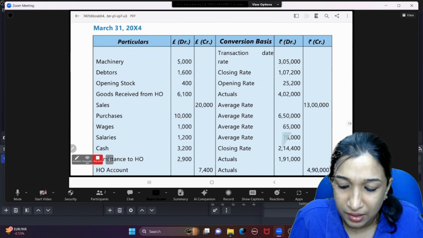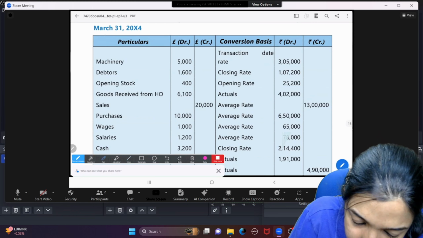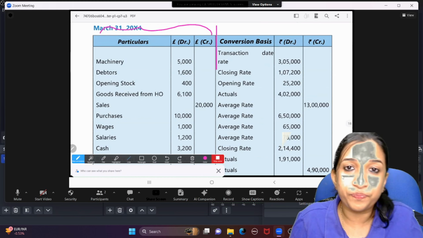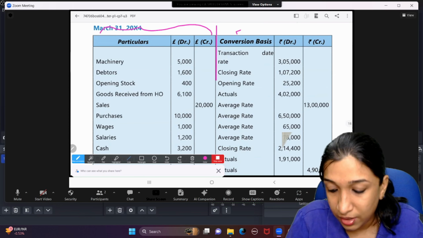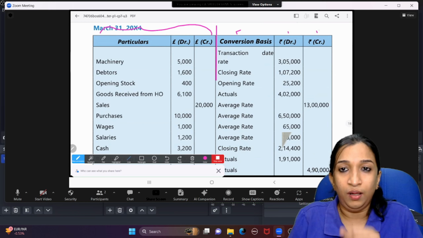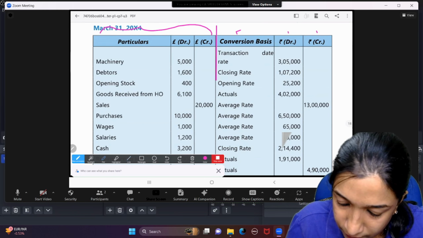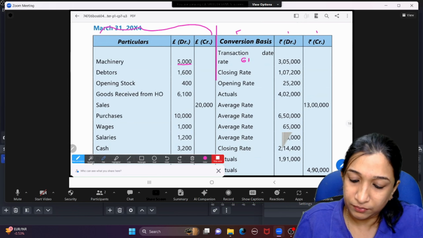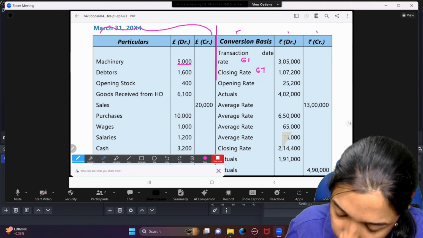You should give the 6 columns. Just copy down the trial balance given. Then conversion, exchange rate to be used, and rupees converted balance. Machinery 5,000 should be converted using 61. Debtors, closing rate. Opening stock, opening rate.